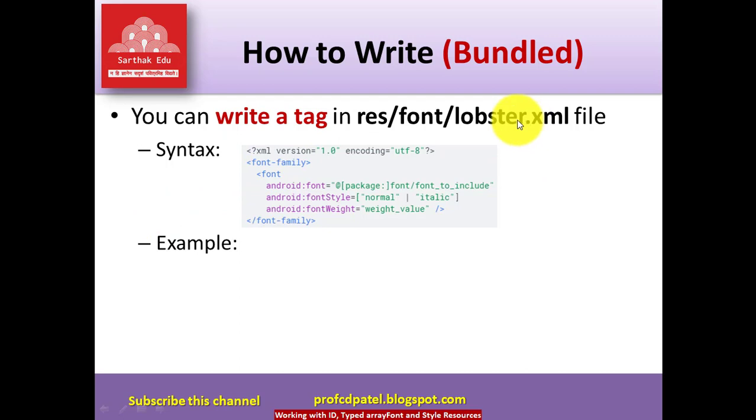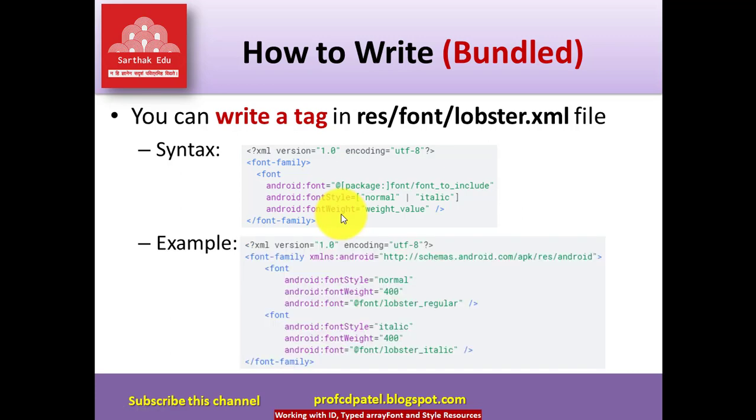When we are going to create any bundled font type, the first or root tag is font-family. Under the font-family tag we have the font tag. For the font tag we can define font attribute, font style and font weight as different attributes, and it may look like this example.